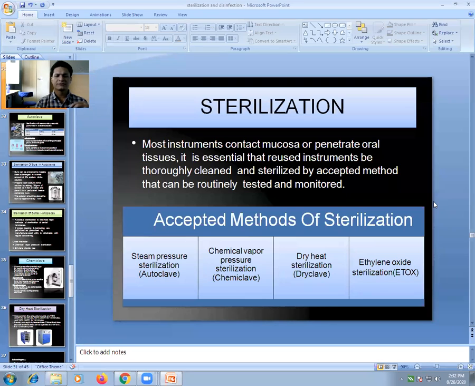Most instruments contact mucosa or penetrate oral tissues. It is essential that reused instruments are thoroughly cleaned and sterilized by an accepted method that can be routinely tested and monitored. So what are the accepted methods of sterilization? Number one, autoclave, which is steam under pressure sterilization.